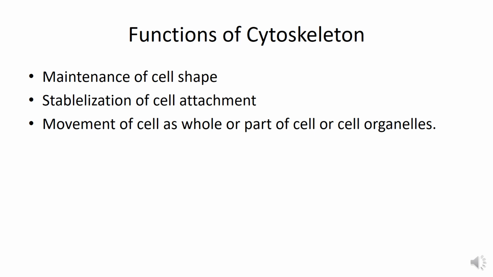That's how they maintain the stabilization of the cell attachment. And number 3 is the movement of the cell as a whole or part of the cell, or the movement of the cell organelles inside the cell. It is dependent upon the cytoskeleton.